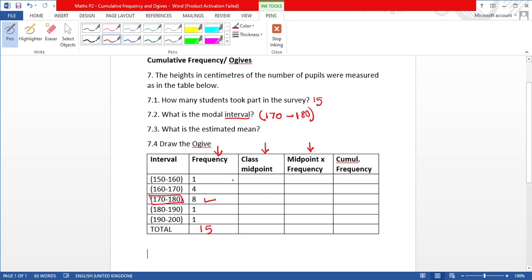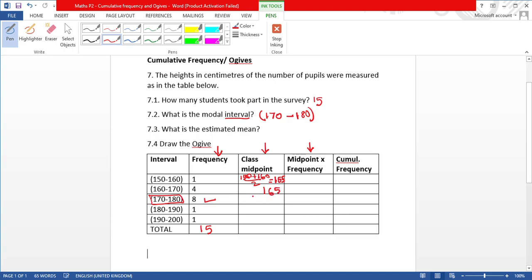Okay, so the midpoint is between 150 and 160. You calculate the average. 150 plus 160 divided by 2. What is going to be the average? It's going to be 155. Right? So the second line will do the same thing. 160 and 170 average is going to give us 165.